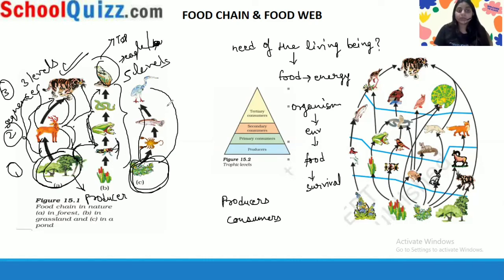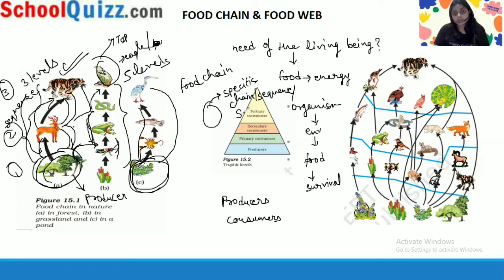You can see in the food chain, if there is a food, then for this food there will be a specific chain, or you can say sequence, or series, of organisms which are dependent on the foods. And this chain, sequence or series will not be disturbed by any other organism.